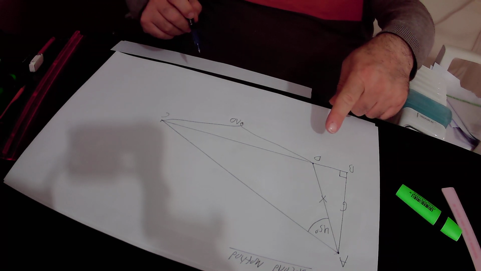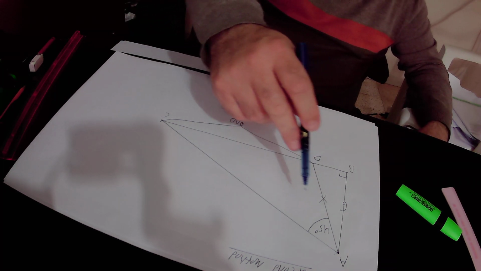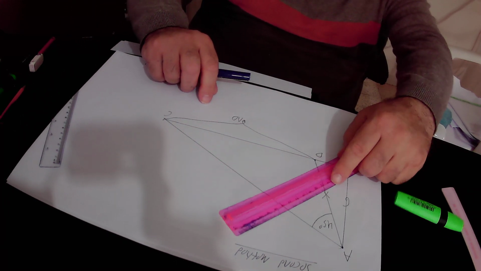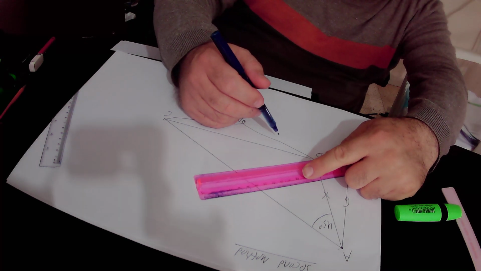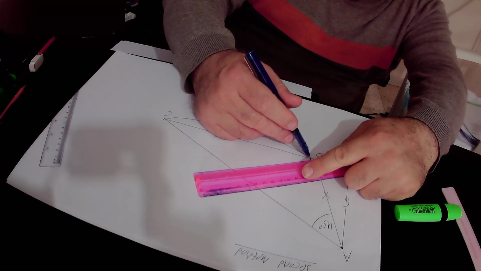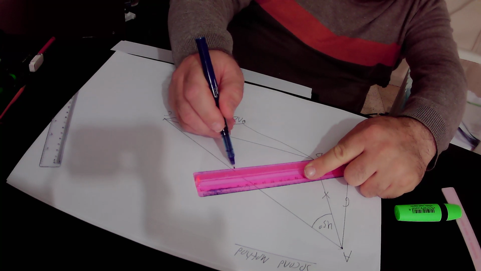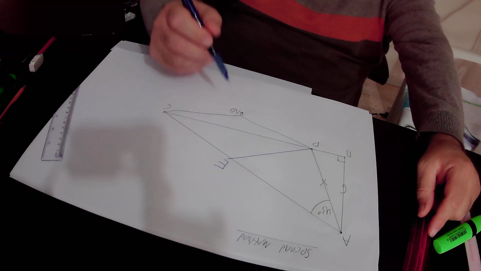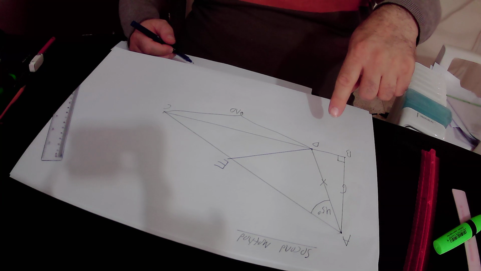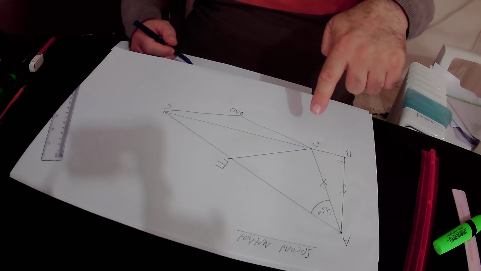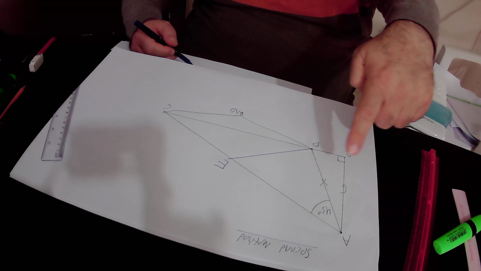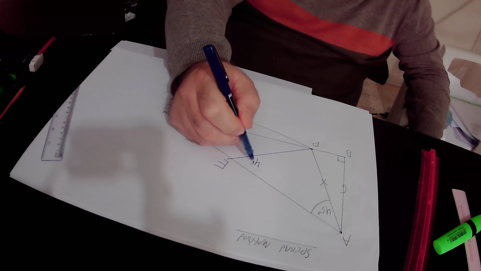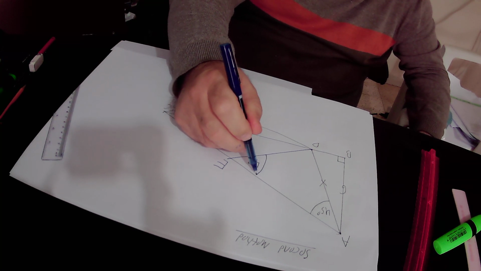From point D, we will draw a straight line on AC in such a way that the angle that will be created will be equal to 45 degrees. So here, if this point is point E, we draw the straight line from point D on AC in such a way that angle AED will be equal to 45 degrees. Again, angle AED equals 45 degrees according to our construction.